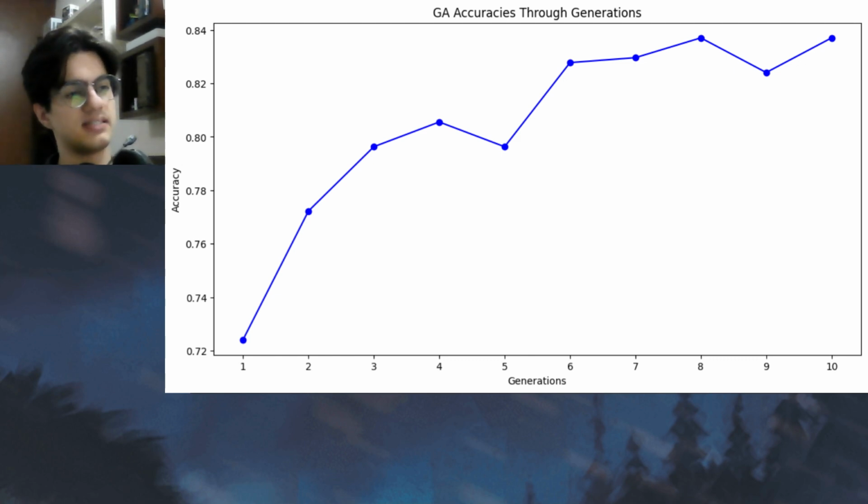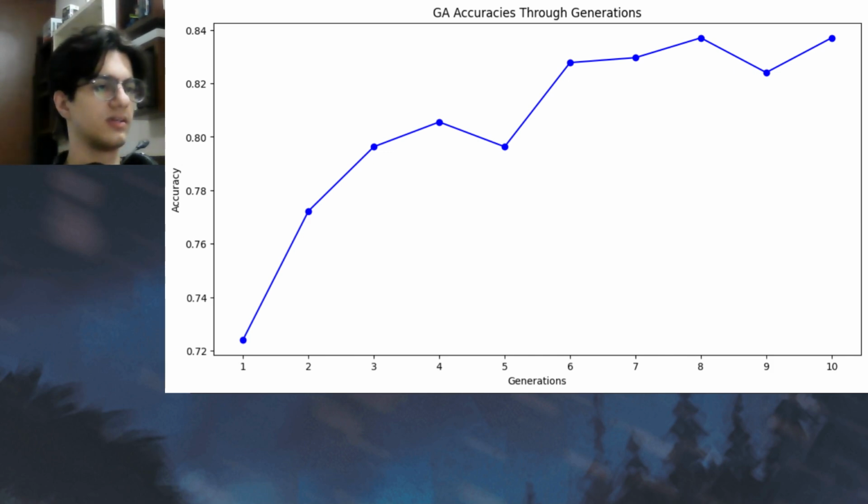So basically on the first generation we got something between 72 and 74%, the lowest one as well. Then on the second generation we had something between 76 and 78, and it goes on. As you can see, it's clear that the tendency of the accuracies is to increase.